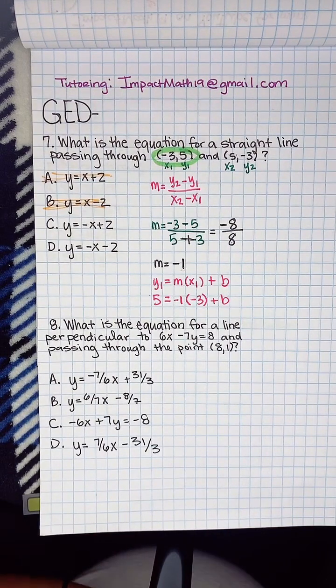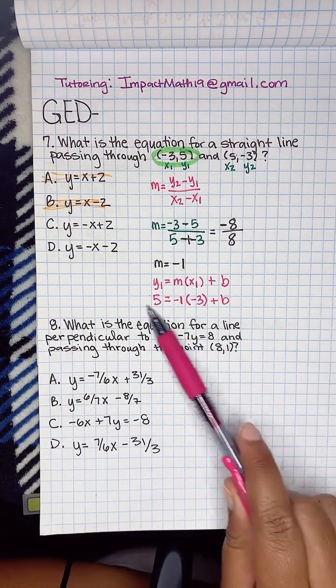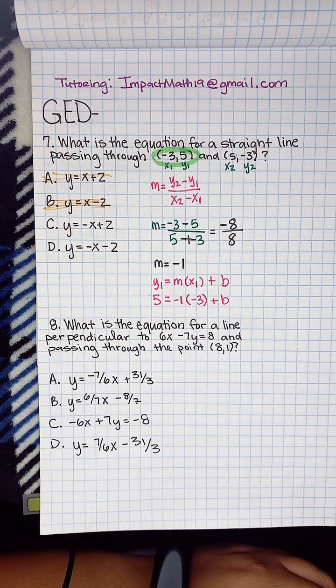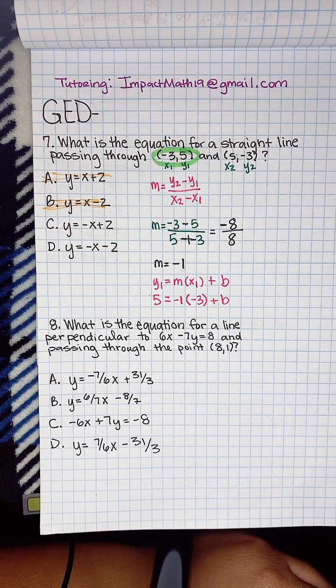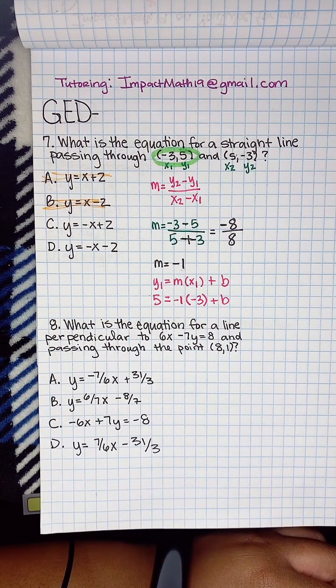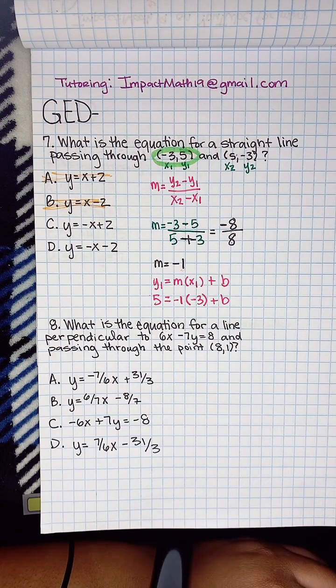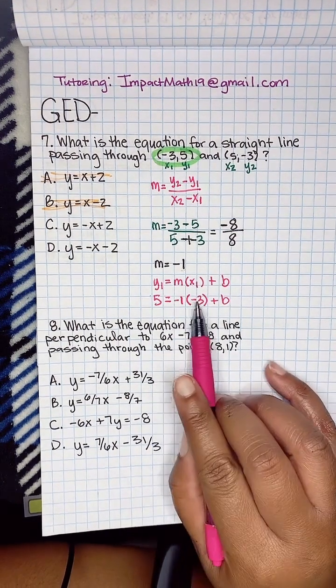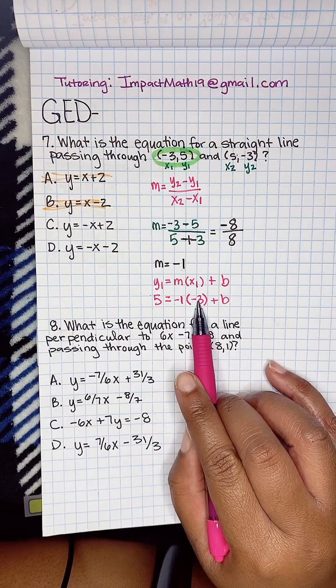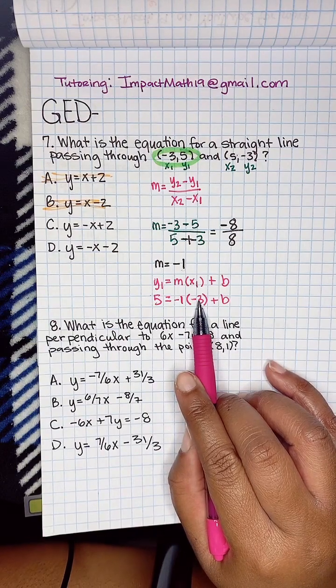Now, let's simplify. Let's solve for b. What do we have to do first? Multiply. Okay, negative times a negative, like we said, is always a positive.